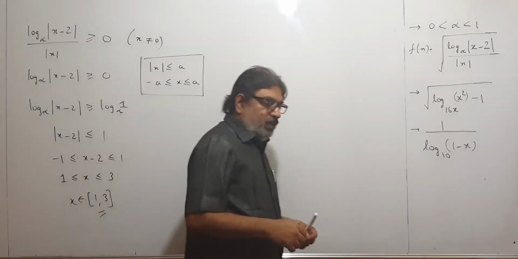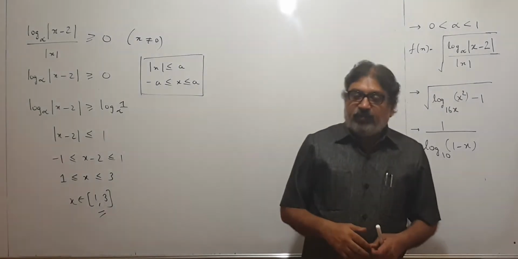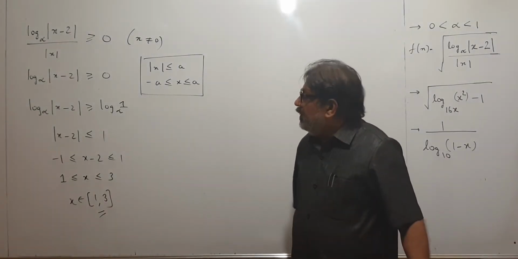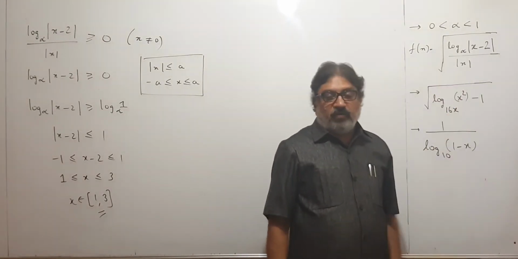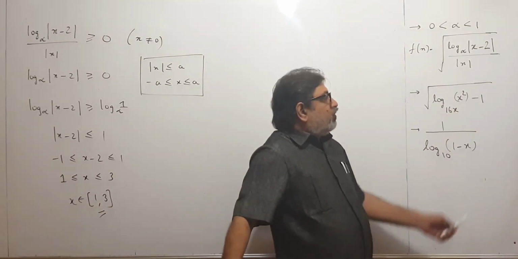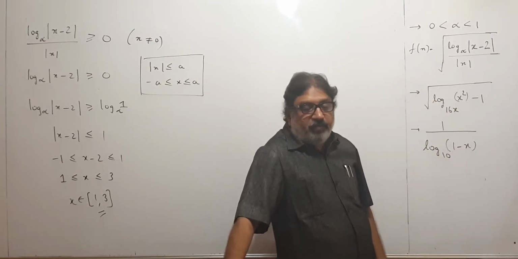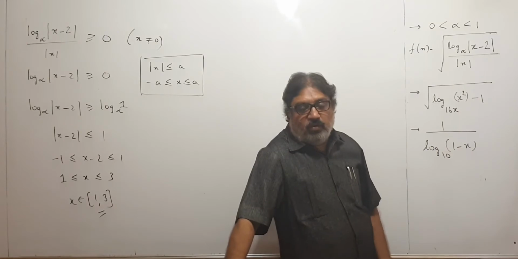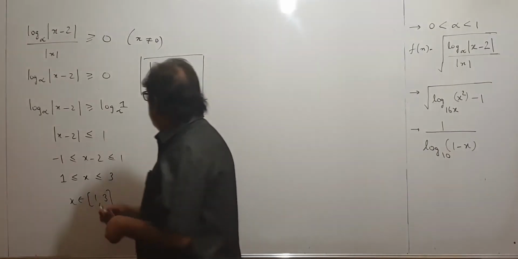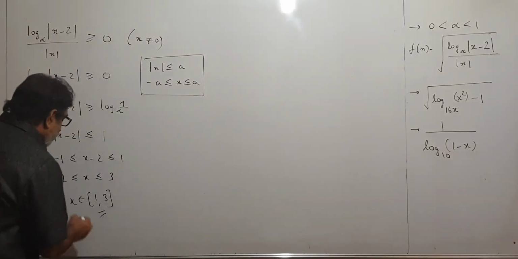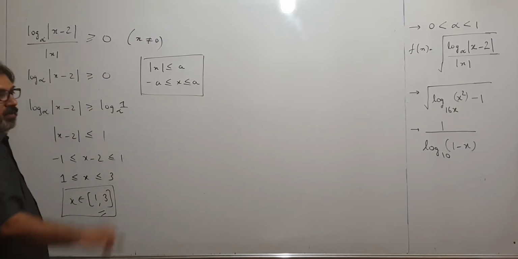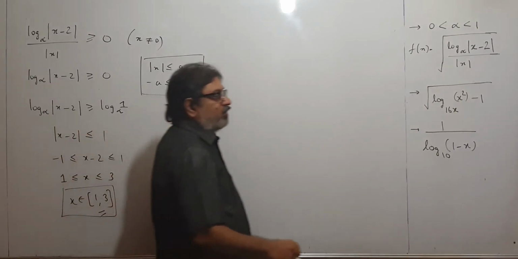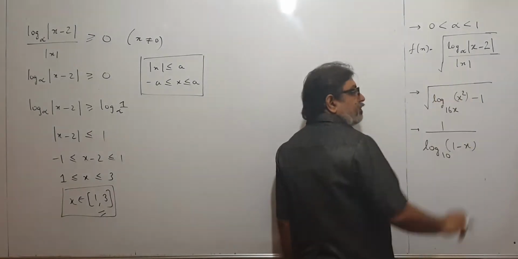Then we have to think about more things also, children, before coming to the final answer. So far we only saw that this root should be greater than or equal to 0. I also know that log is defined only for positive numbers, not for 0. So mod x minus 2 should be a positive number. So one more thing I have got. We took care of the root, whatever is inside the root should be greater than or equal to 0.